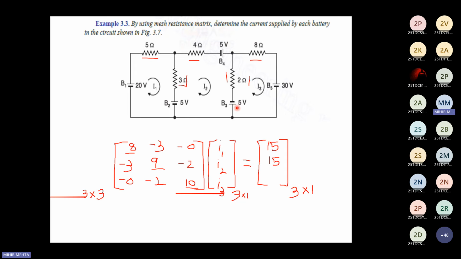So this would be minus 5. So minus 30, minus 5, this becomes minus 35. Okay, so this is how you form your matrix using the shortcut method.